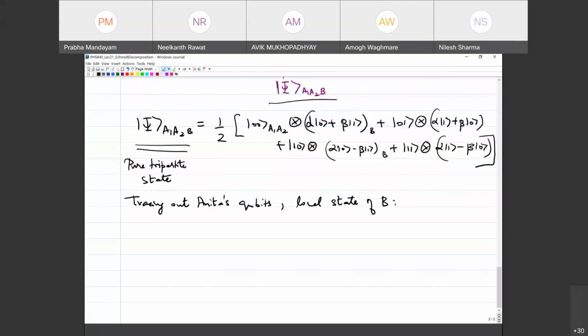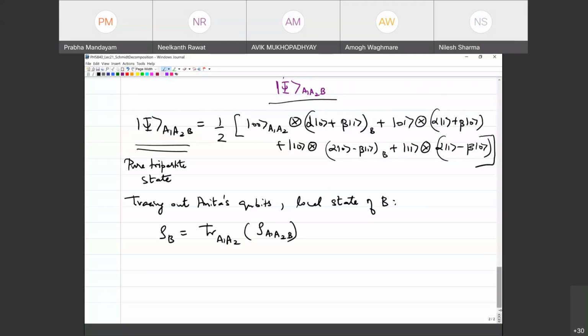And what is this local state of B? So to get to this local state, you will have to first write down what the density matrix associated with this tripartite state is, right? So this will be trace over A1, A2 of rho A1, A2, B, okay?